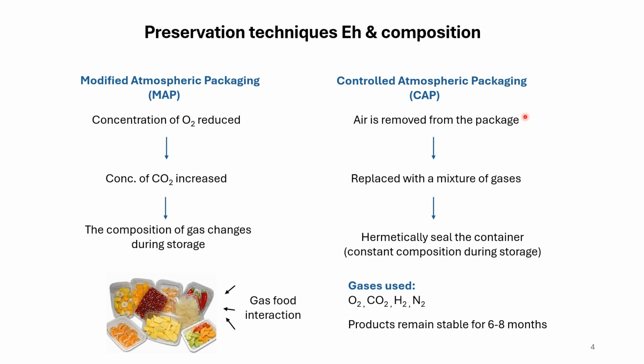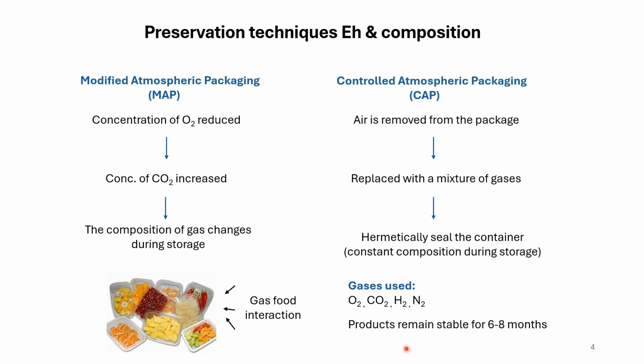Controlled atmospheric packaging, also called CAP, in this air is removed from the package. It's replaced with a mixture of gases, usually the ones that are given here, and then it's placed in a hermetically sealed container. Now the composition of the gas that is injected into the package remains constant during storage.